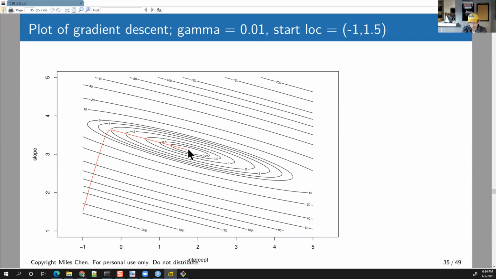The solution surface is a really weird shaped bowl with sides that are very steep, in this direction. When we start off at this location where the intercept is -1 and the slope is 1.5, in the beginning it rushes to increase the slope to be much steeper, until it gets to around a slope of 3.7-ish.